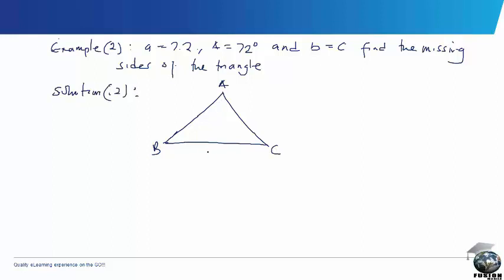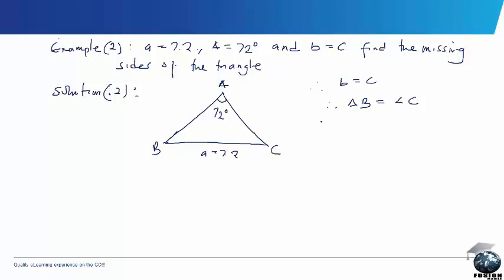You're told that side a is equal to 7.2, and angle A is 72 degrees. Now you should know that if b is equal to c, therefore angle B should be equal to angle C. So the angles have to be the same too.